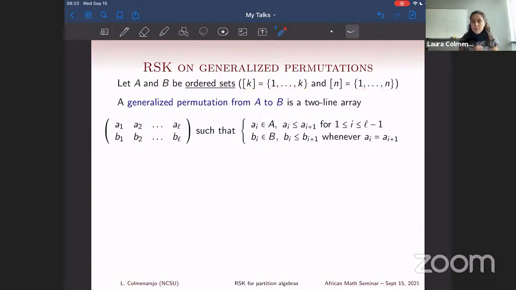Then I'm going to write my generalized permutation as a 2-line array, so I have a row with numbers in A and a row with numbers in B. I'm going to order them in such a way that the top row is fully ordered, so I have all the numbers in weakly increasing order. And then when 2 numbers are the same, I'm going to order by the second row.